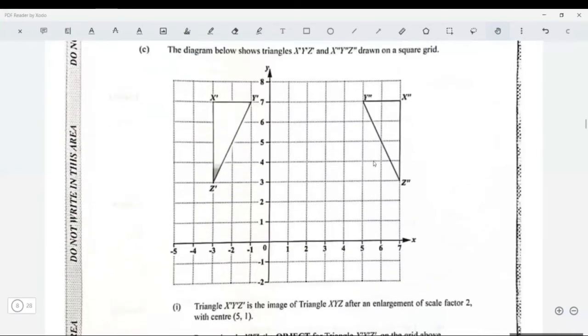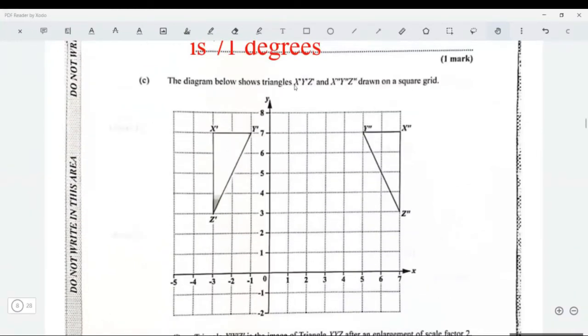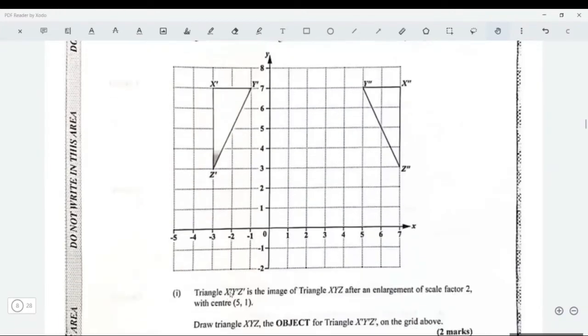It says the diagram below shows triangle X prime, Y prime, Z prime and X double prime, Y double prime, Z double prime drawn on a square grid. Triangle X prime, Y prime, Z prime is the image of triangle XYZ after an enlargement of scale factor 2 with the center being 5, 1.